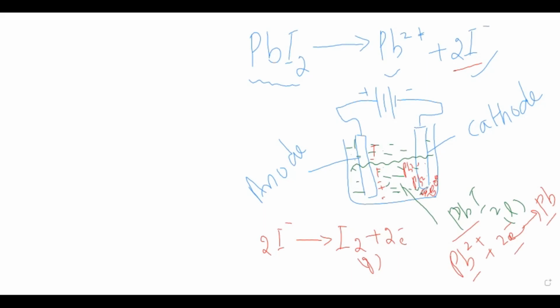This gain of electrons is called reduction. This is oxidation. So at the anode, oxidation is taking place, whereas at the cathode, reduction is taking place.